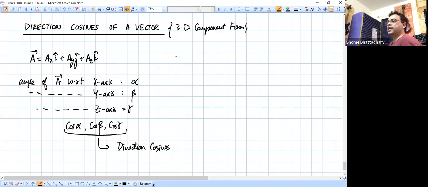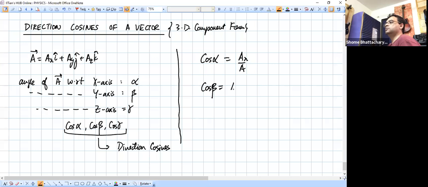Now the next thing is, how do we calculate direction cosines? They are given by a simple formula. Cos alpha becomes ax upon e. Cos beta becomes ey upon e. And cos gamma becomes az upon e. I'll give you the proof of this formula also. It's just based on that component or projection concept we were discussing earlier today. But first, you just write down the formula.